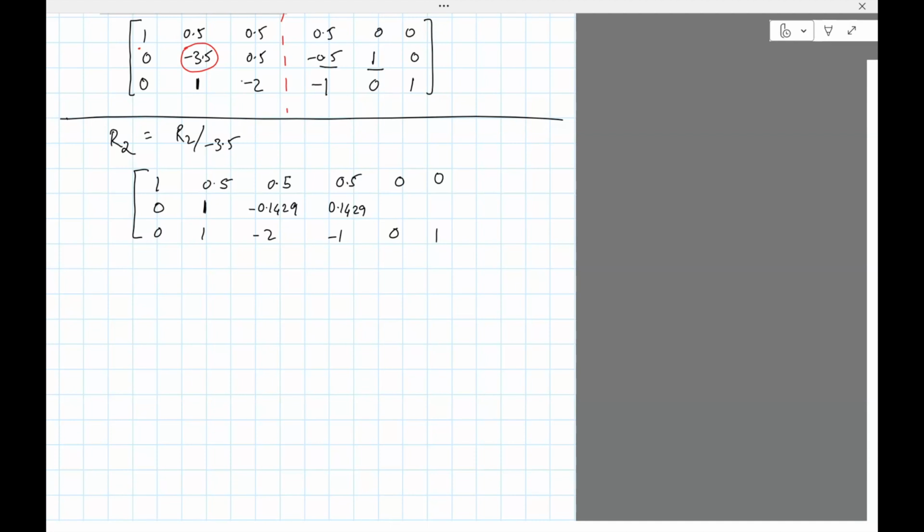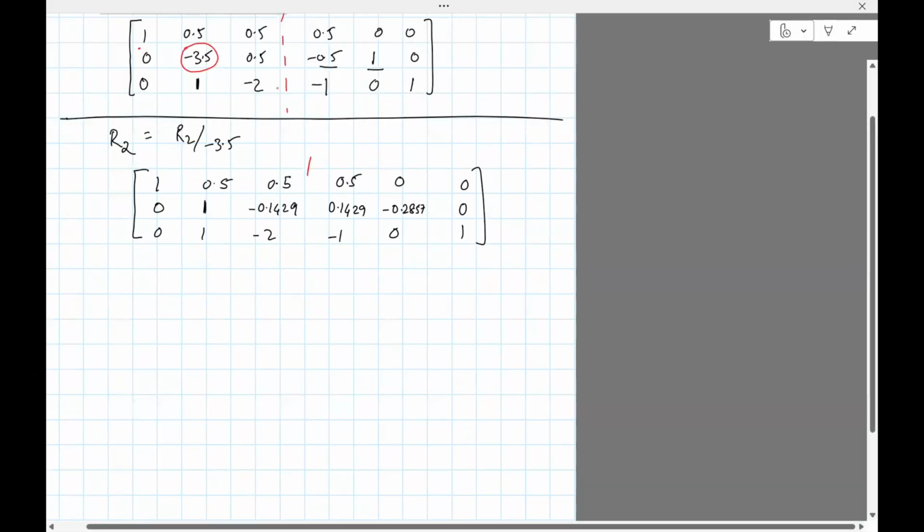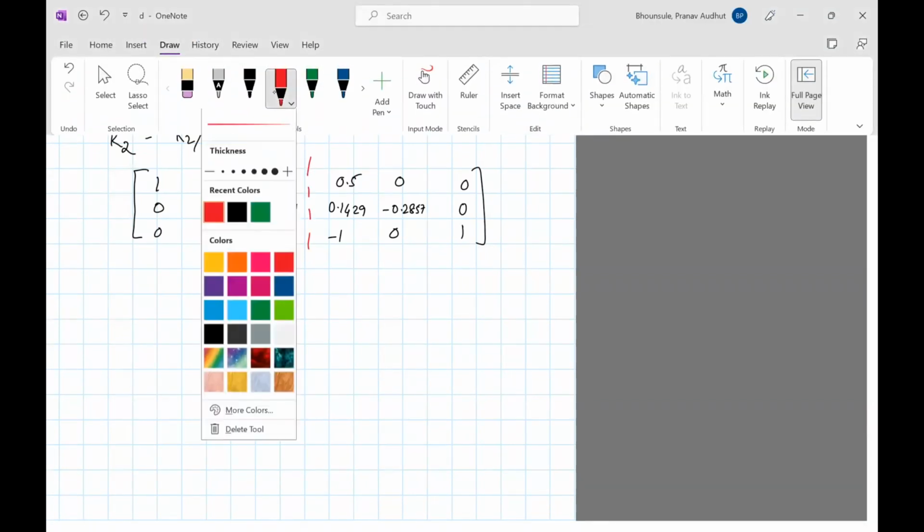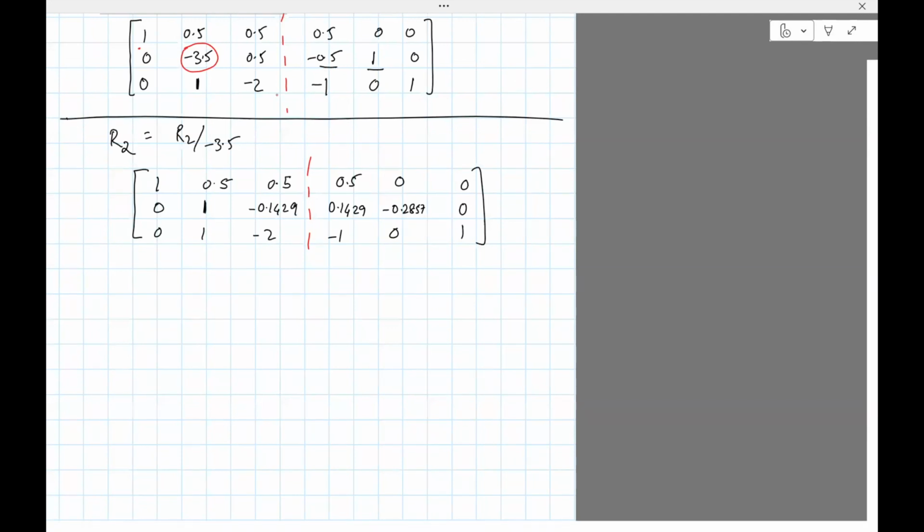Next, I have 1 divided by minus 3.5. That gives me minus 0.2857. Then 0, 0, 1. Okay, so we've got the pivot to be 1.